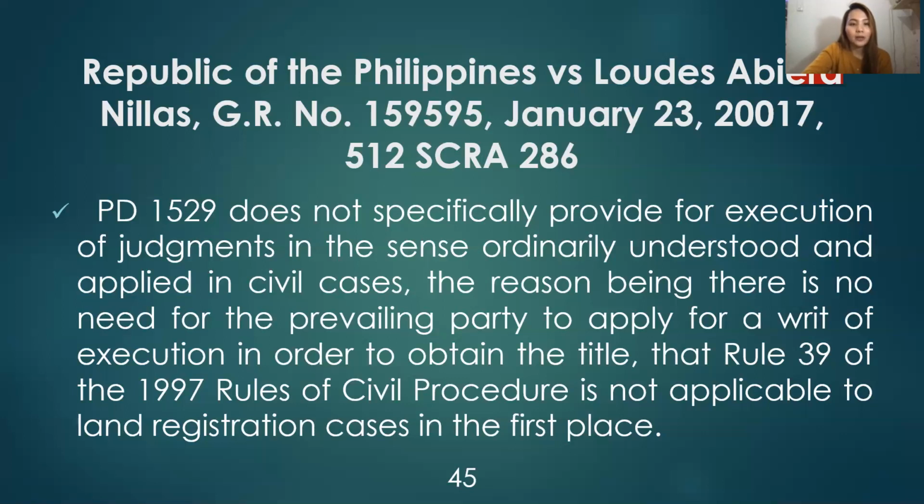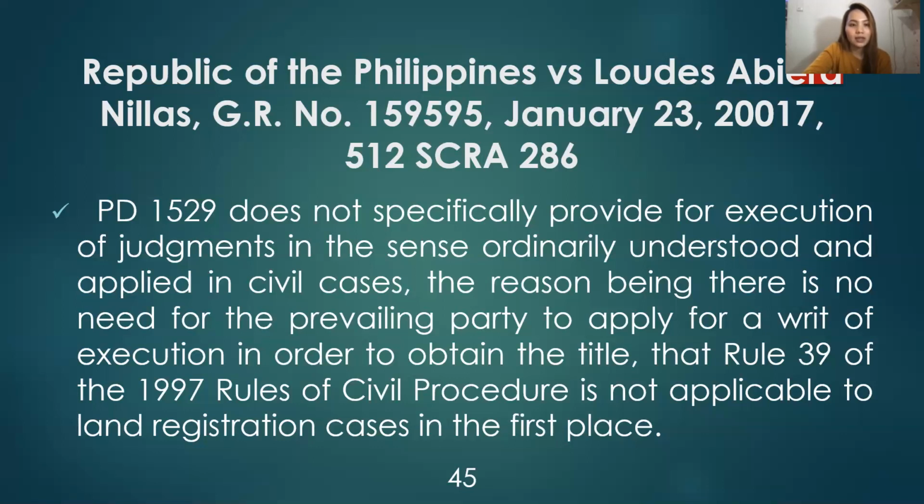Hence, in the present petition, the OSG strongly argues that contrary to the opinion of the CA, the principles of prescription and laches do apply to land registration cases. The OSG notes that Article 1144 of the Civil Code establishes that an action upon judgment must be brought within 10 years from the time the right of action accrues.